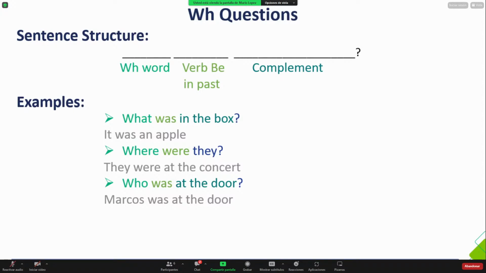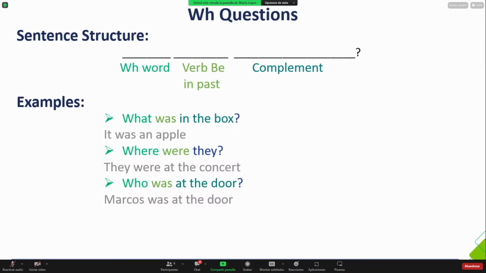Son palabritas que nosotros usamos para hacer preguntas, como el what, como el where, bueno, en el caso del ejemplo, como el who. So the sentence structure is WH word, verb be in past, and a complement. Entonces, la estructura de la oración es esa palabrita, esa WH, el verbo to be en pasado y el complemento.